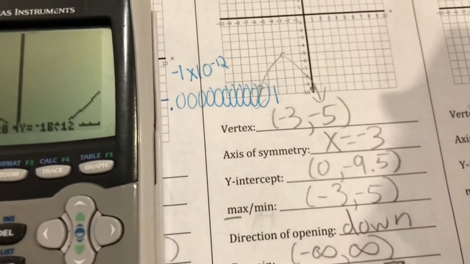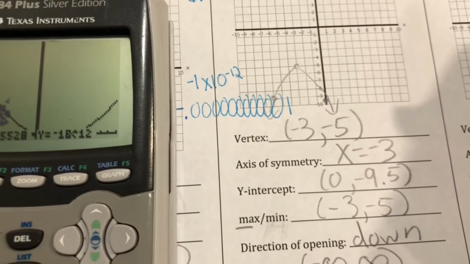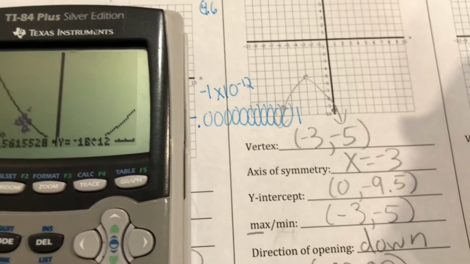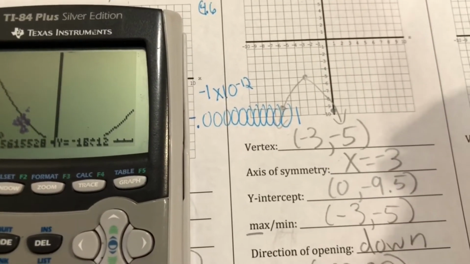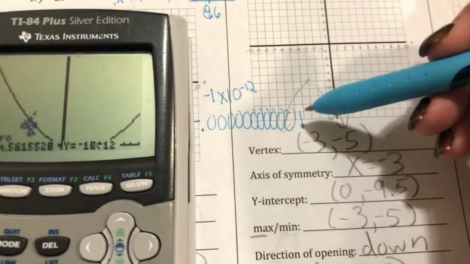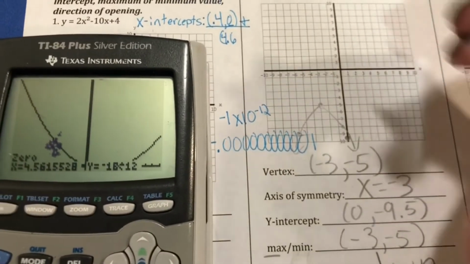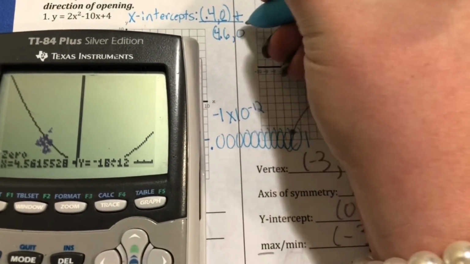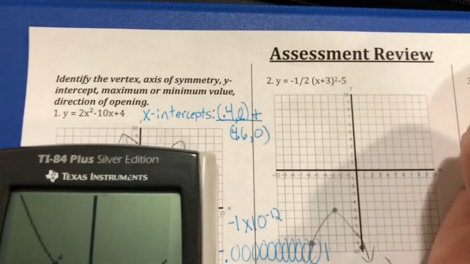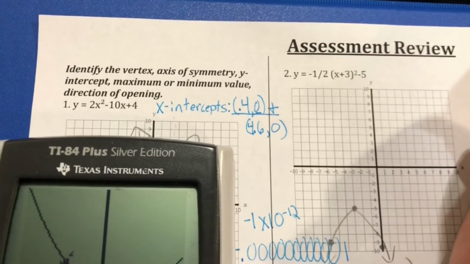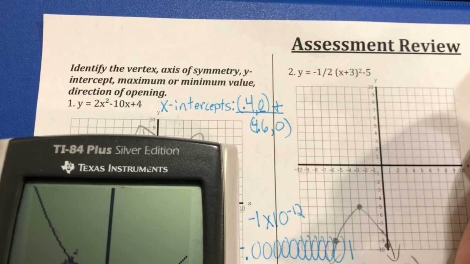That means it's really, really close to 0, but not there. But we are smarter than our calculator. We know that if it is this small, it is pretty much 0, and we can round to that 0. So for number 1 on the assessment review, those would be your 2 x-intercepts.